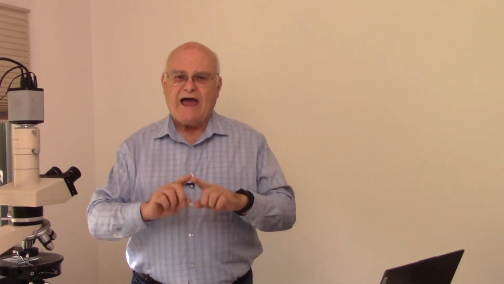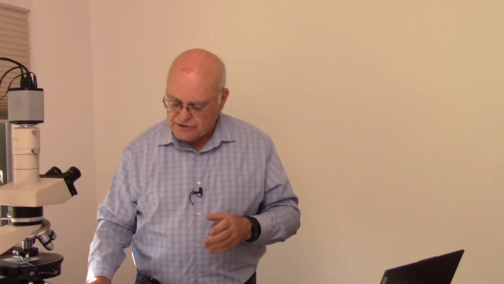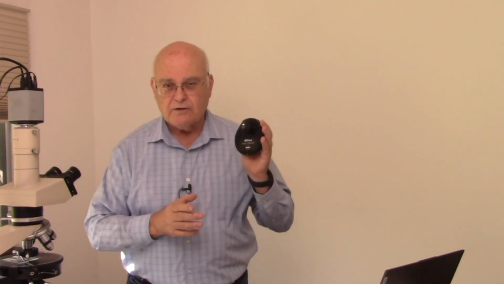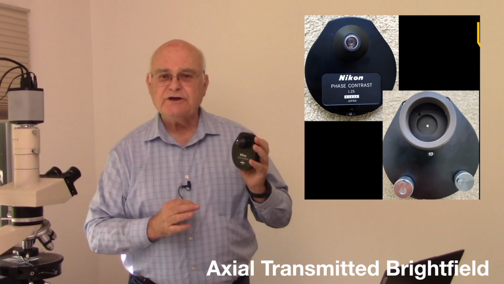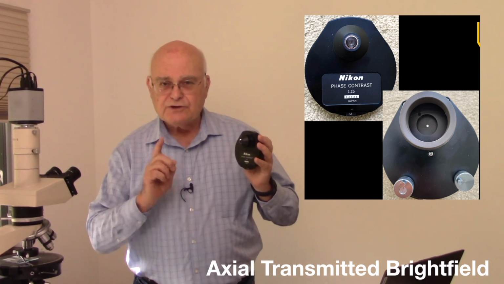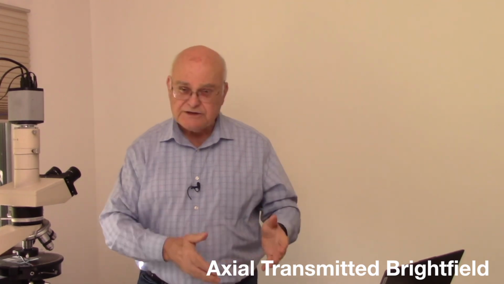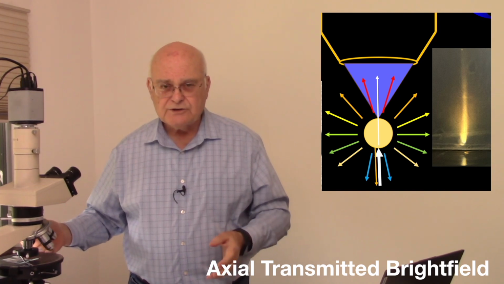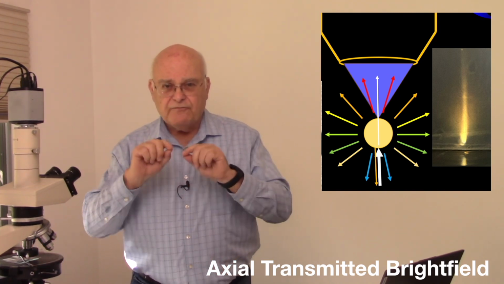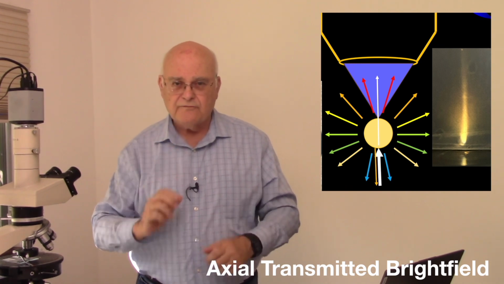We're looking here at light that's coming through axially. In other words, the substage condenser iris of our turret stage condenser is closed down all the way so that only one narrow beam of light can come through. And we can see that here on the right of this image. You can see on the frosted tape, we have just a single beam of light coming through from the substage condenser.